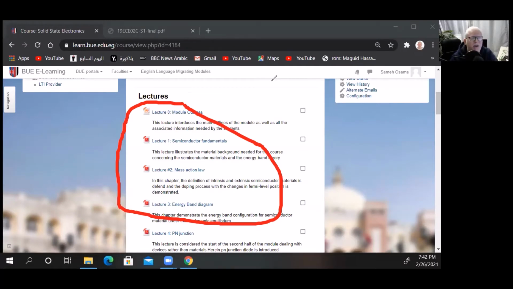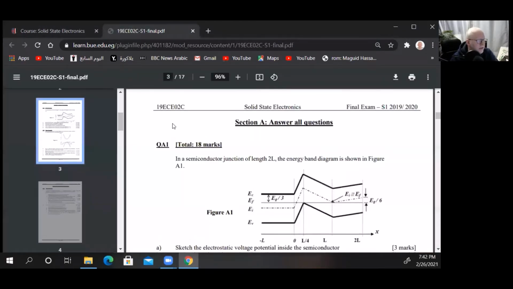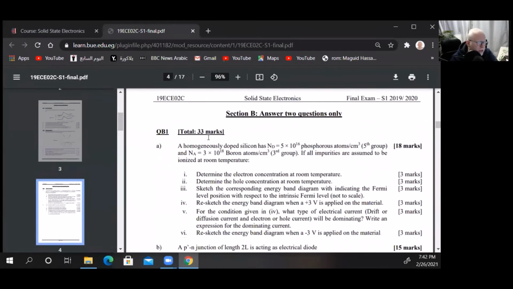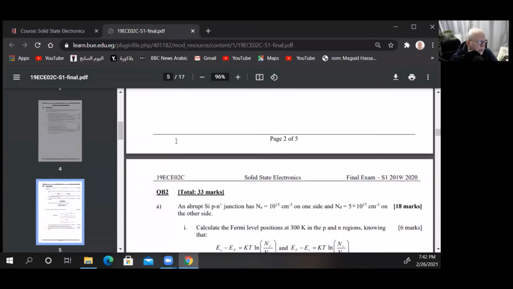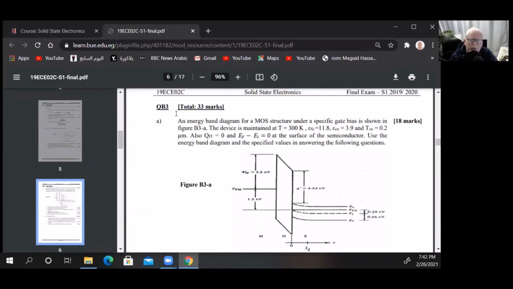Let me first show you this in the previous exam as a reference. Here, if you go down, you will find question B1, and then question B2, and then question B3. So you are asked to solve two questions out of three. Each one has 34 marks. So 34 plus 34 plus 32, which is typically 100.